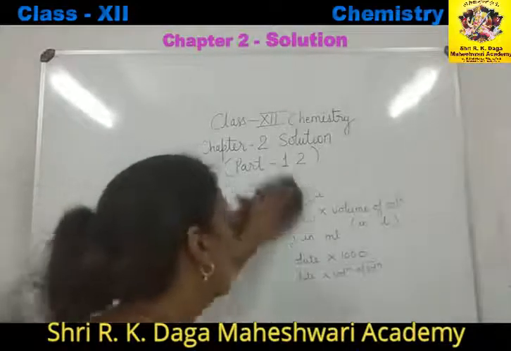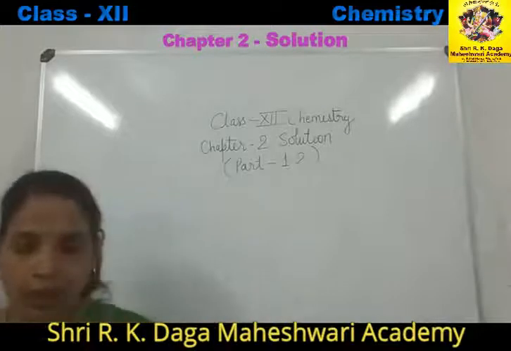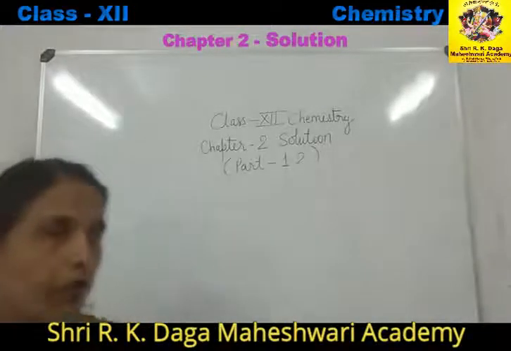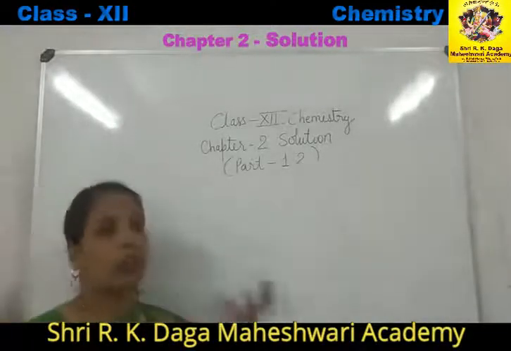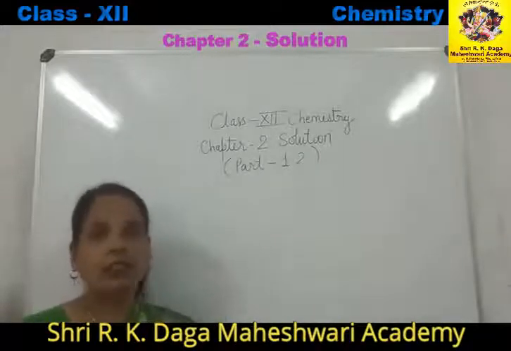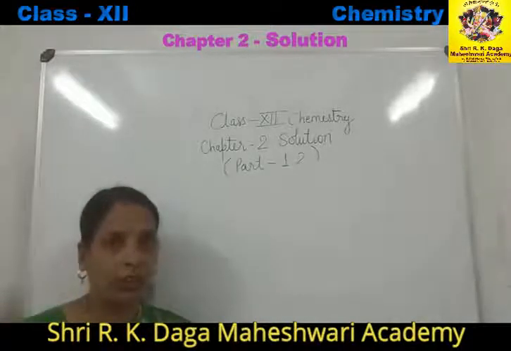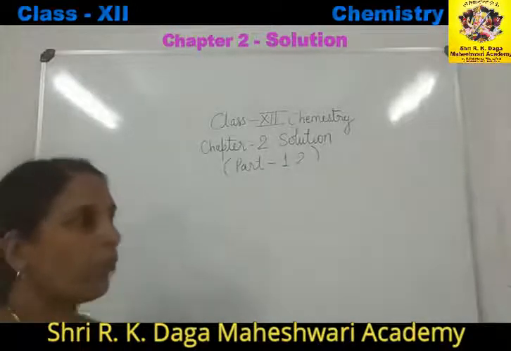Sometimes mass percentage of solute is given and density of solution is given. In most of the numericals, we will see that for the calculation of normality, mass percentage of solute and density of the solution is given. So I am giving you a short trick formula to calculate the normality of the solution. And what is the short trick formula?